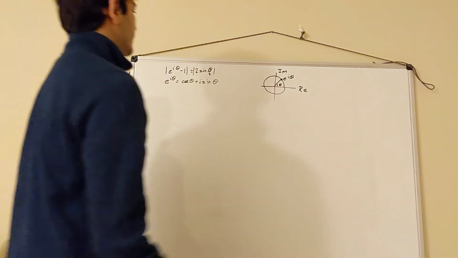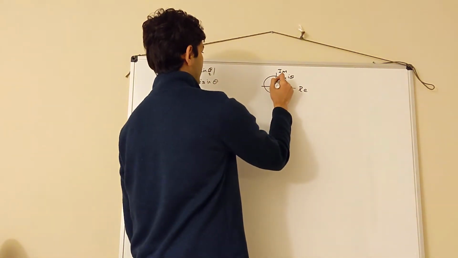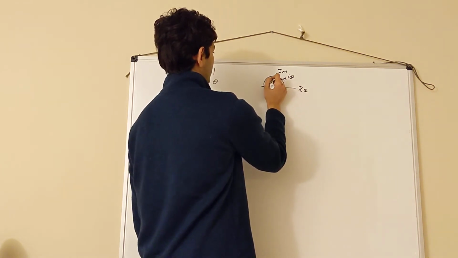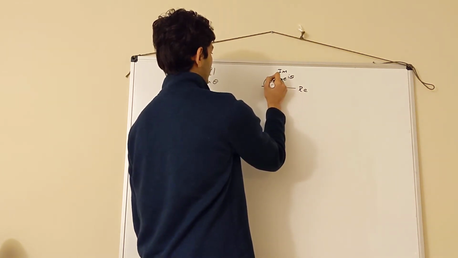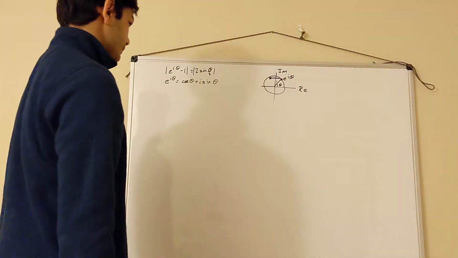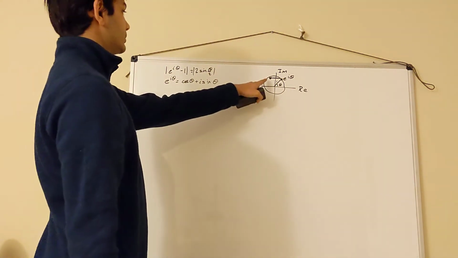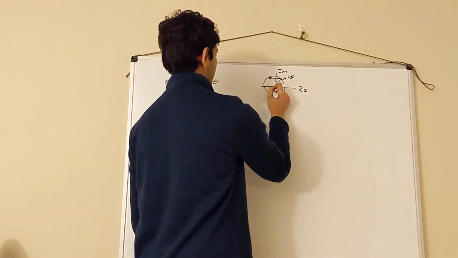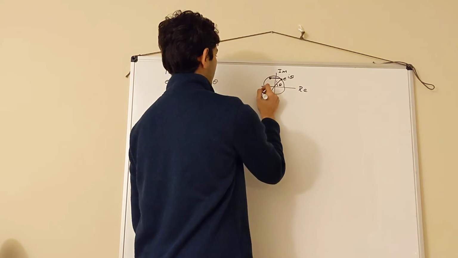Now what you're looking for, keeping in mind this has radius 1, is e to the i theta minus 1, which will be somewhere over here. This is like adding up vectors. In general, this is pretty close to the circle, but it won't necessarily lie on the circle.